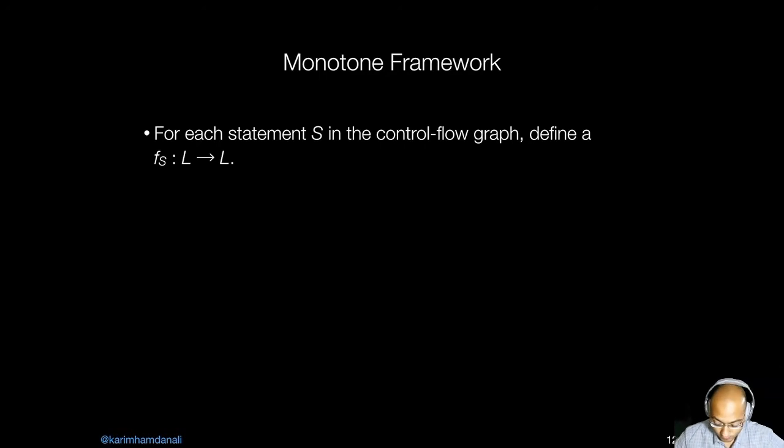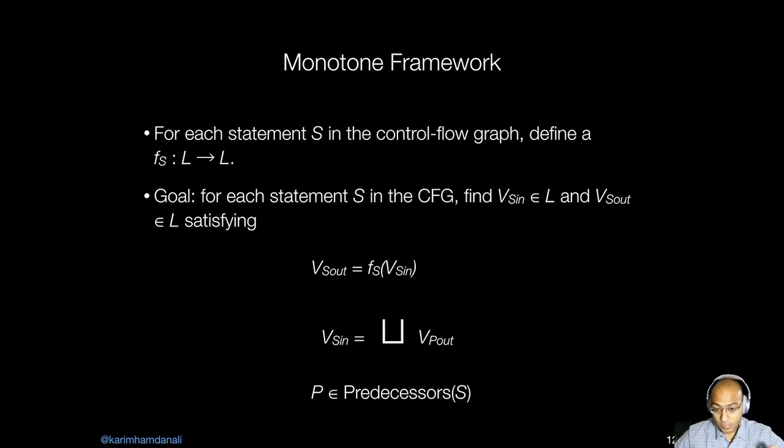So how are we going to do that? We're still going to have the same control flow graph. We have the same statements in the program. We're still going to define a function fs on the map lattice L to L with a subtle difference. So now we're going to define some intermediary values here. Those intermediary values are going to be the following.